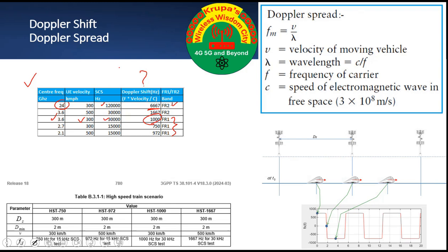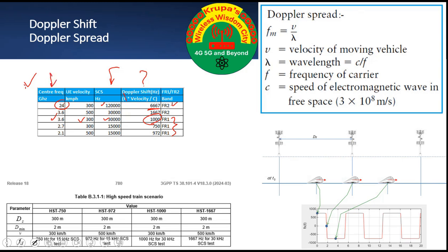Remember, the sub-carrier spacing is more to showcase how much error you would see at the receiver with respect to the Doppler shift. It doesn't directly contribute to your Doppler shift. Rather, the center frequency plays a critical role.